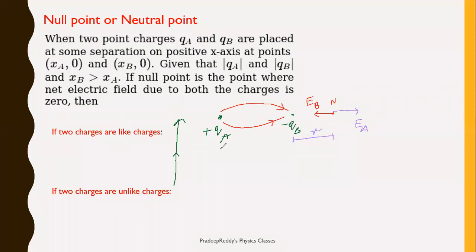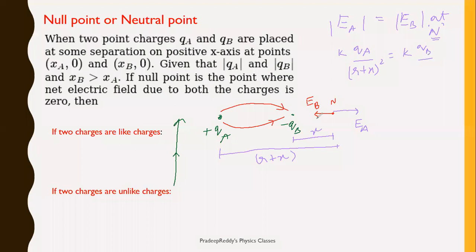Let me take this as X, and the total distance can be R plus X. Now using the basic rule that EA magnitude should be equal to EB magnitude at the null point. At the null point both magnitudes are equal. So I can write EA is K QA divided by R plus X whole square, which is equal to EB, K QB divided by the separation X square. K and K get cancelled.